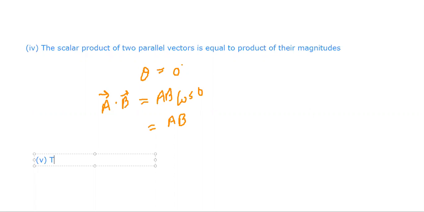Last property is scalar product of a vector with itself is equal to square of magnitude of vector.